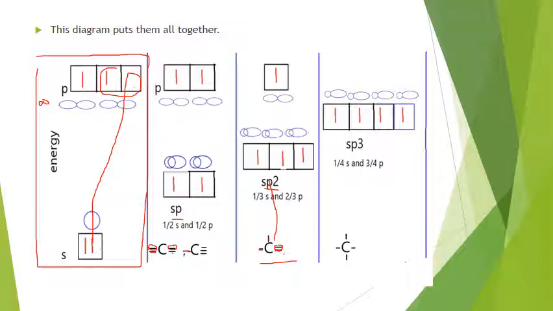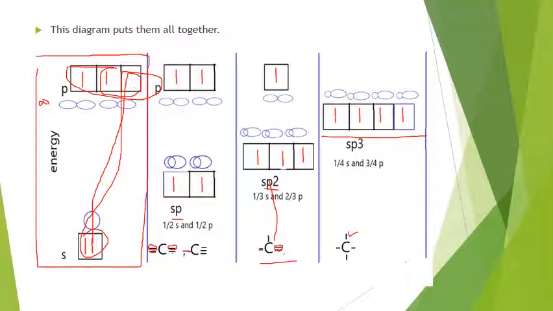Okay, here we go for the fourth one, where you have 3 p's forming a hybrid with the s. You get 4 of them, all equal. Their energy is close to a p. They can have 4 bonding, each one forming a single bond and a sigma.